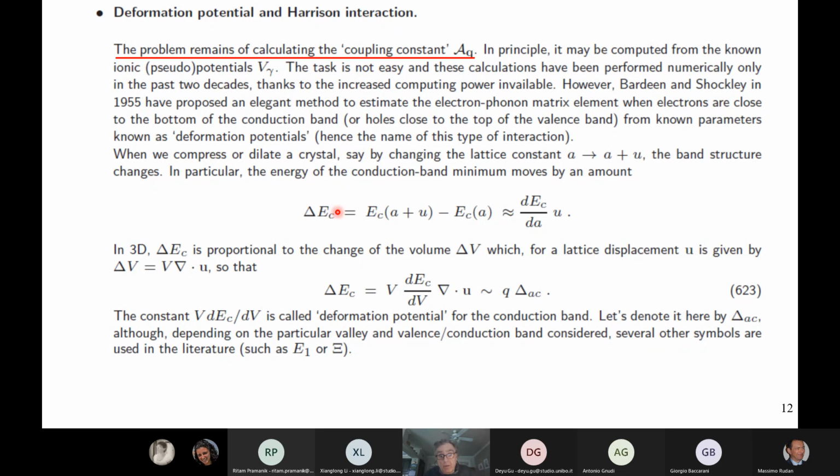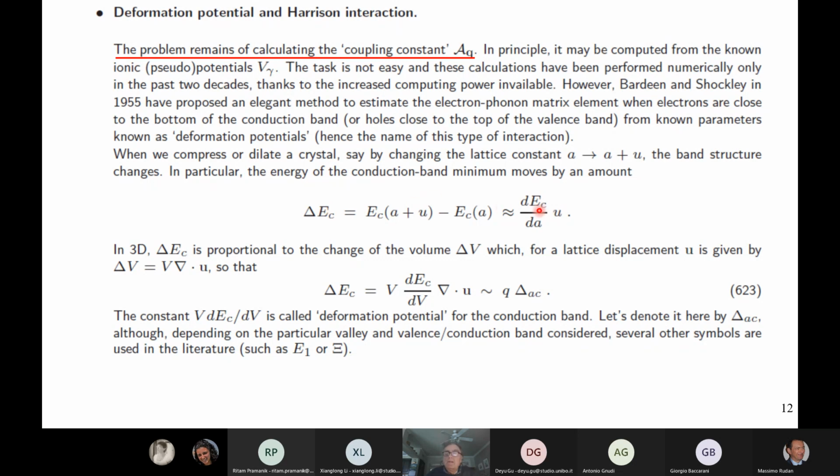And therefore, the electron will feel the bottom of the conduction band moving up and down as the size of the unit cell changes by an amount u, which is the displacement of the ion, or that represents the propagation of the phonon. For a very small displacement, we can define a parameter, which is the change of the edge of the bottom of the conduction band when we change the lattice constant by a unit, multiplied by the displacement.